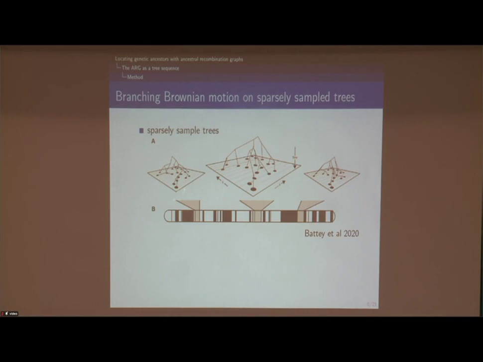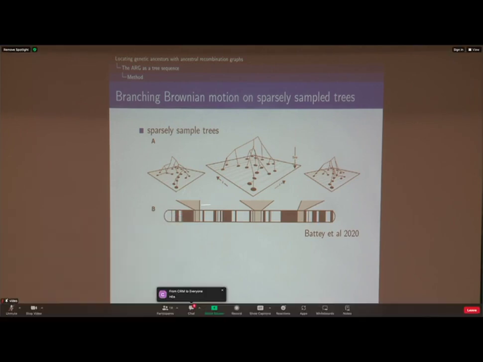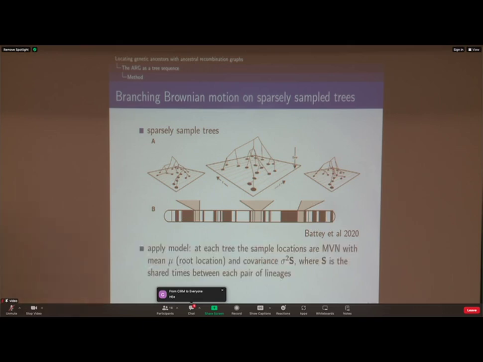We're going to sparsely sample trees from across the genome so that they're roughly independent from one another. Then we apply the classic phylogeographic model of branching Brownian motion to each of these sparsely sampled trees.